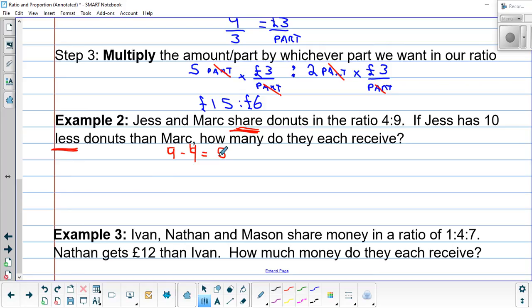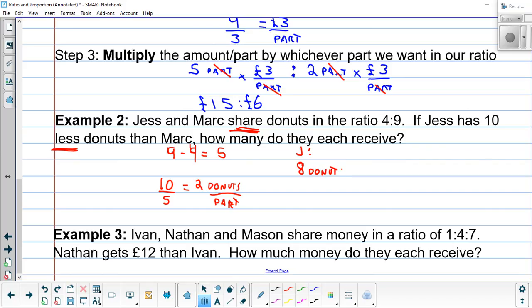Then 10, that's our amount, divided by 5. So it's 2, and we can put some units if you want, donuts per part. And we want to know how many do they each receive. So if it's 2 donuts per part, that means 8 for Jess.